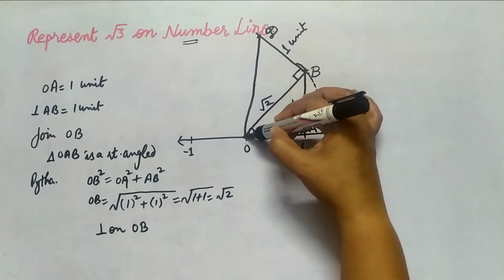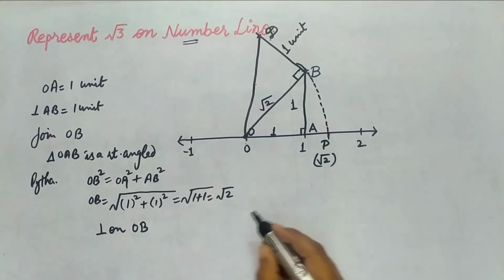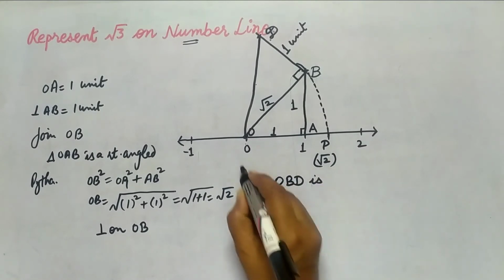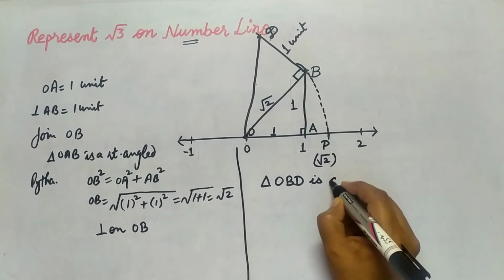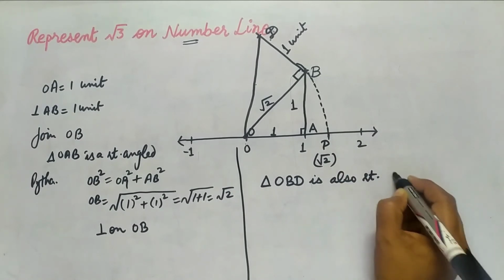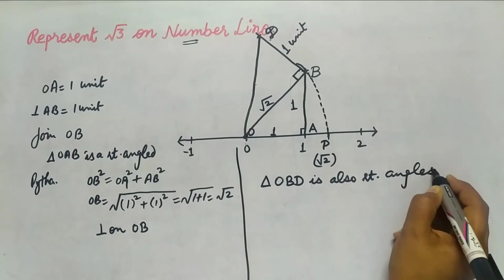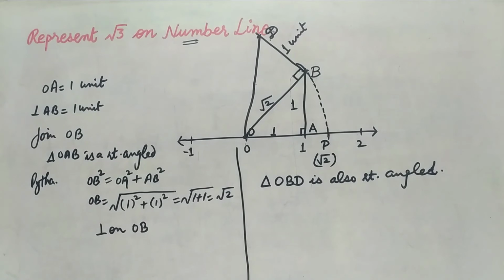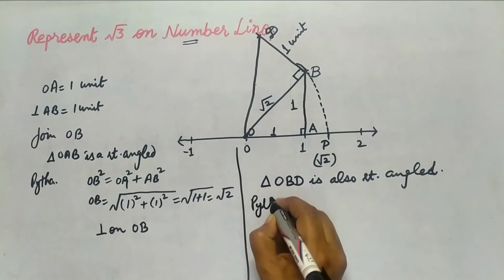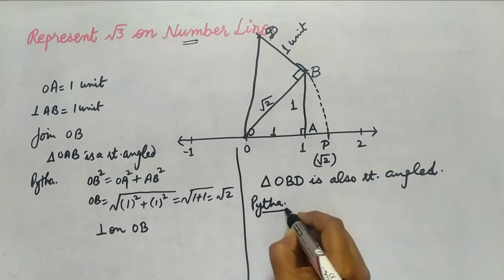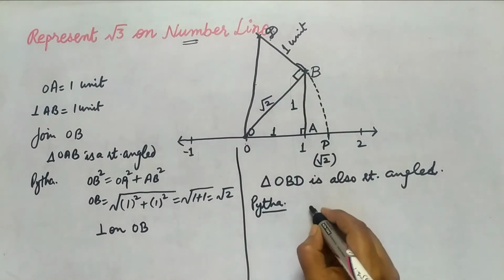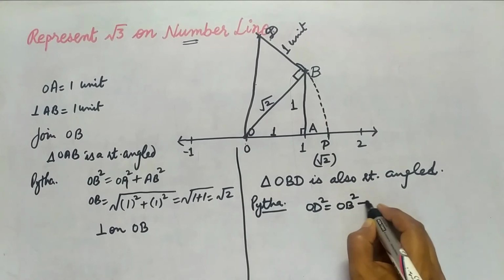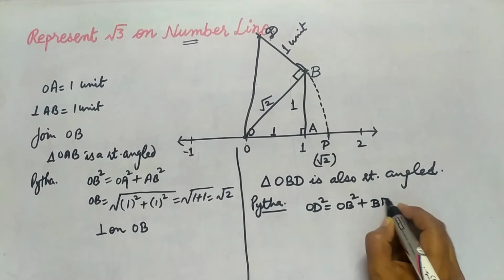Now this triangle OBD is what? Also right angled. Therefore, again we use Pythagoras theorem. What does Pythagoras theorem say? OD square, the hypotenuse, is equal to OB square plus BD square.